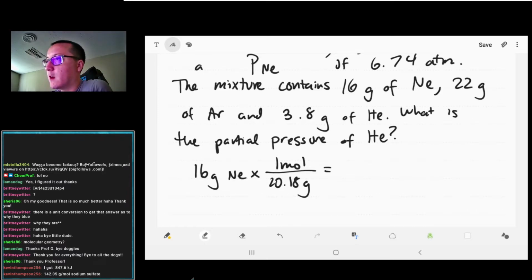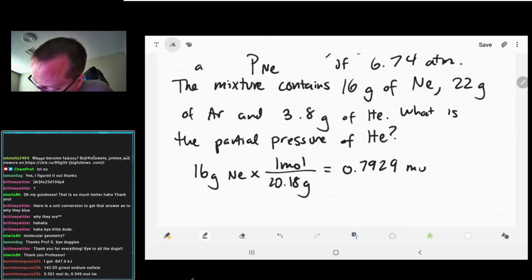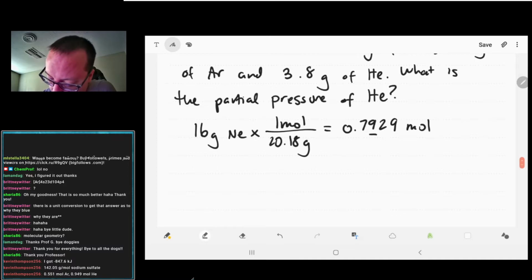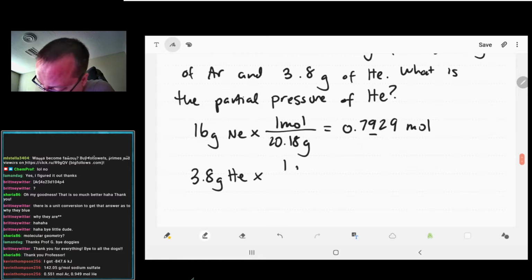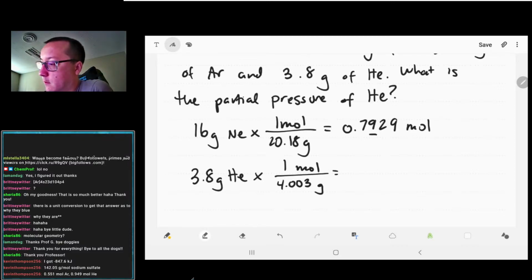So 16 divided by 20.18 is 0.7929 moles. And then the helium is 4.003. 3.8 divided by 4.003 is 0.9493 moles.